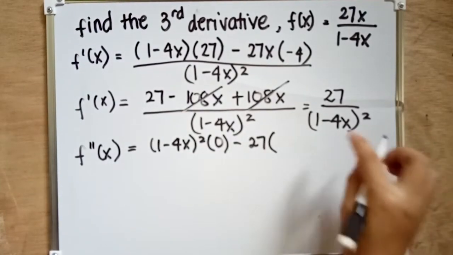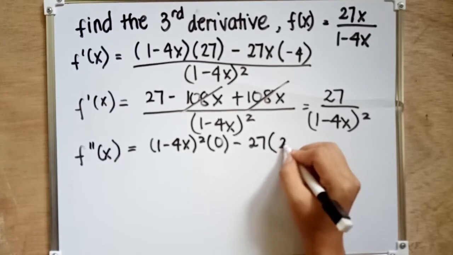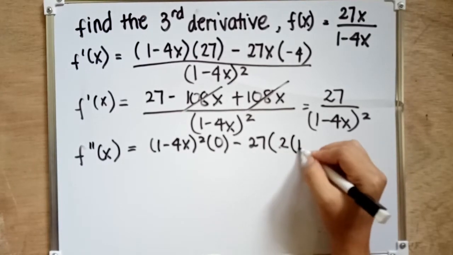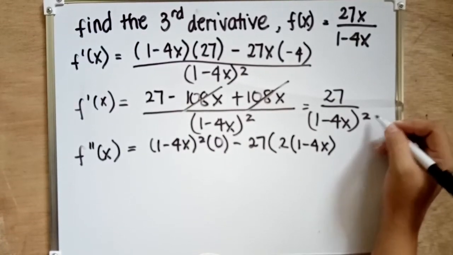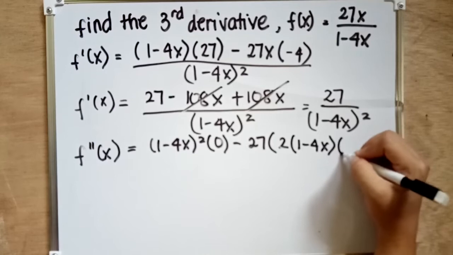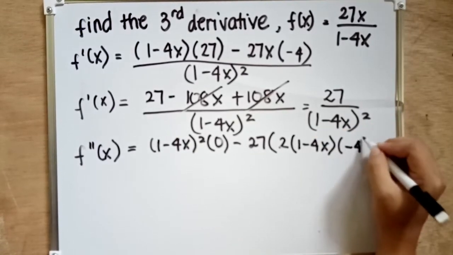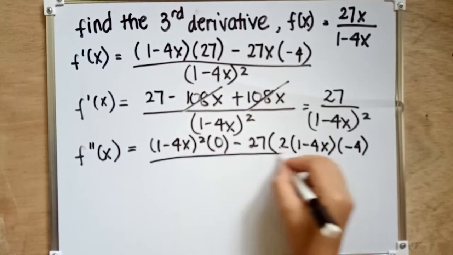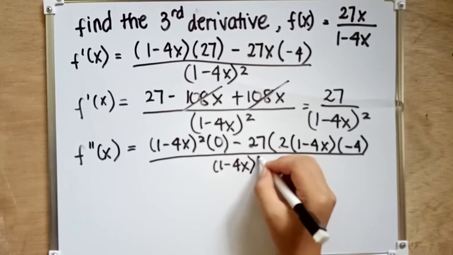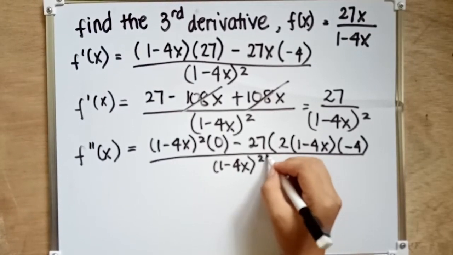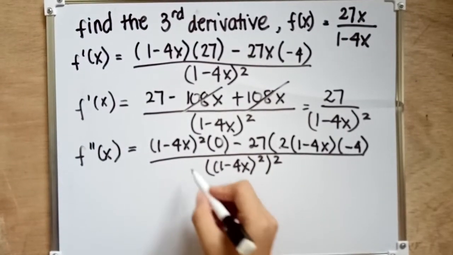Apply the power rule in this part. We get 2 times 1 minus 4x raised to 2 minus 1 is 1, then times the derivative of 1 minus 4x, which is negative 4, over 1 minus 4x squared, then i-squared pa ulit natin. Simplify this equation, makakancel ito.